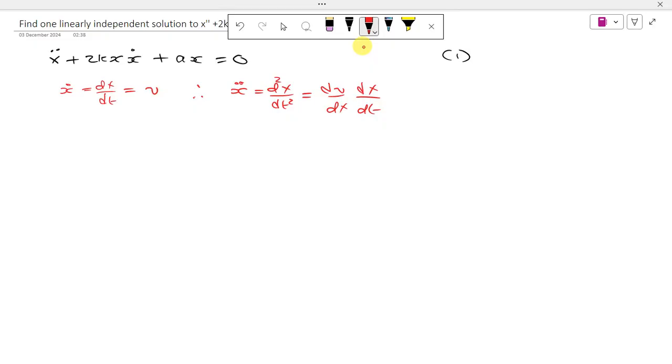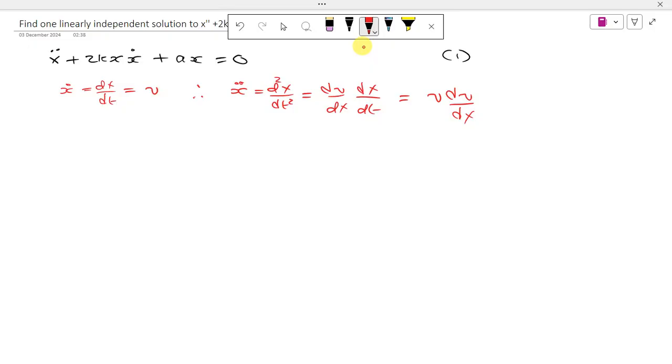But of course, writing it like this means that we can substitute v in for dx by dt. So this becomes v, or nu, d nu by dx. I suppose I should really refer to this as v. So v dv by dx.